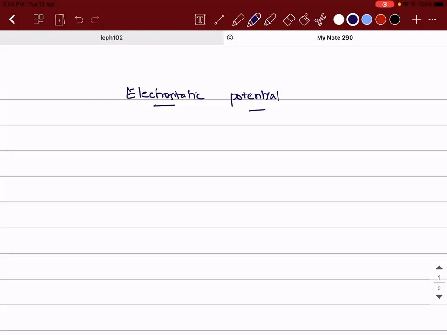In our day-to-day life, where do we come across this word called potential? What devices use this name? This concept we have already learned in your 10th grade. That is gravitational potential.